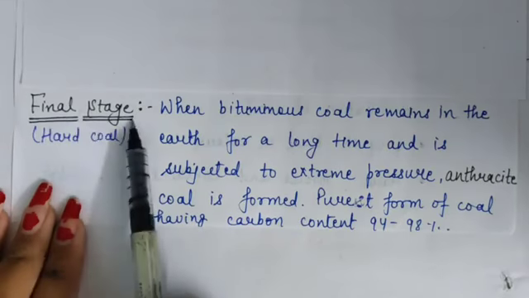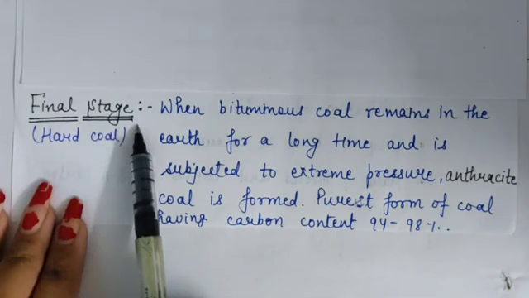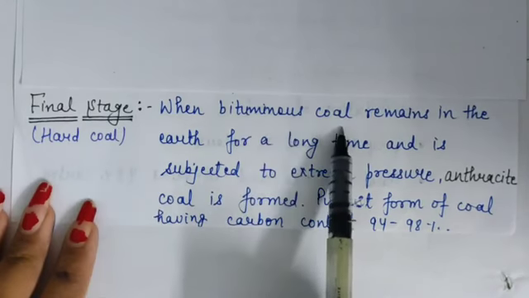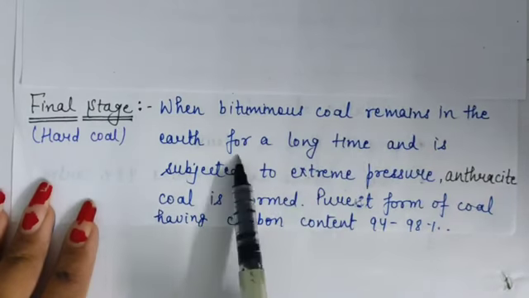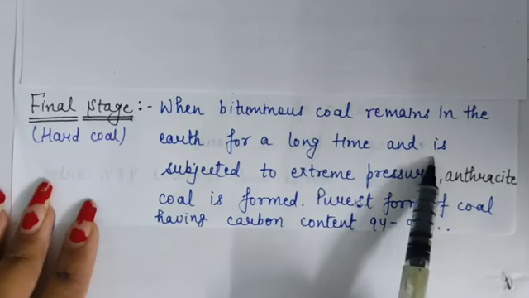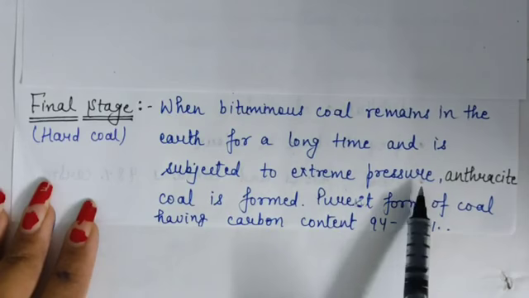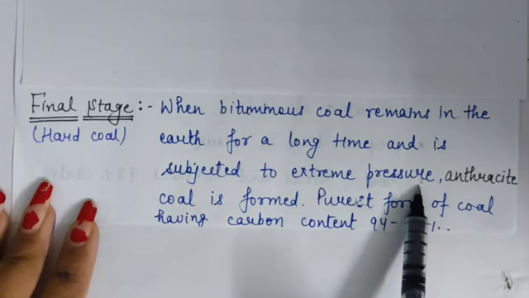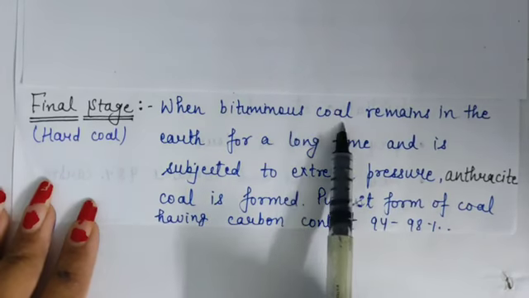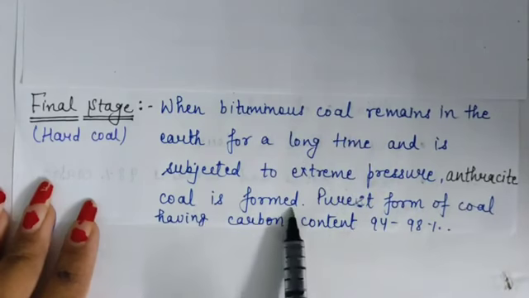Now the final stage. The final stage is a state in which bituminous coal remains in the earth for a long time and is subjected to extreme pressure. Due to this extreme pressure on the bituminous coal, anthracite coal is formed.